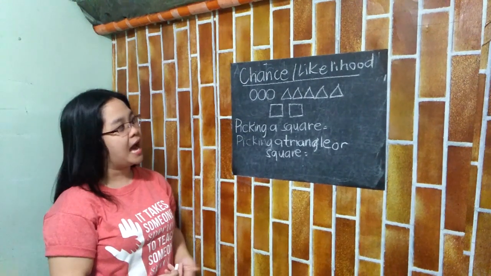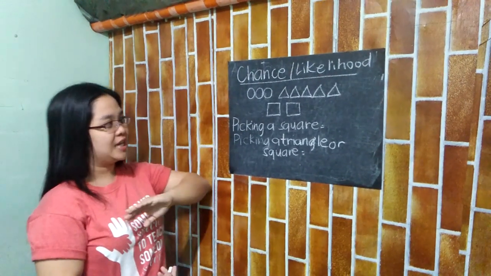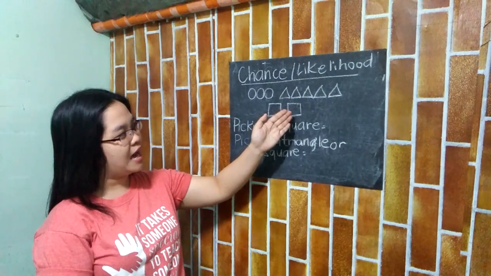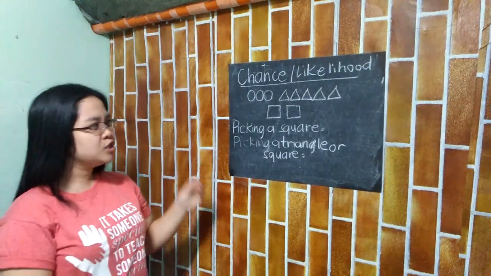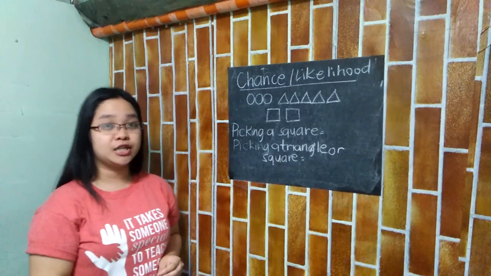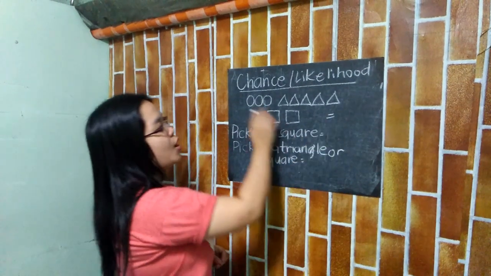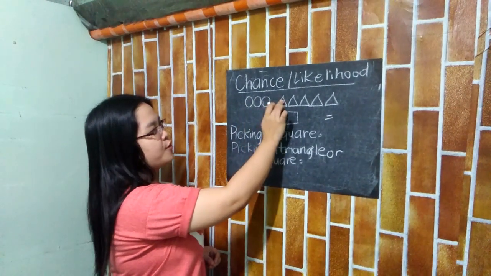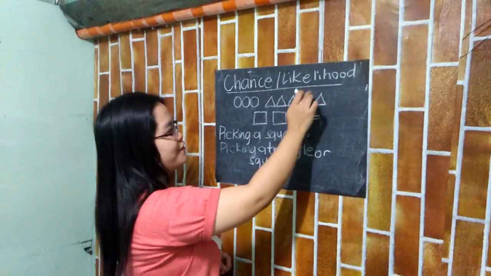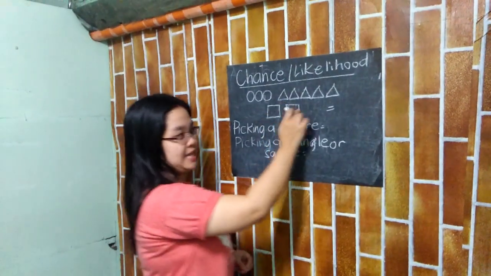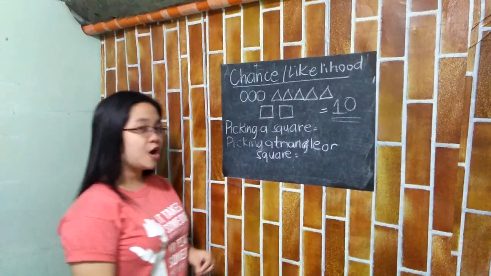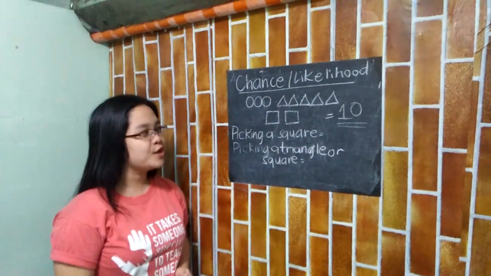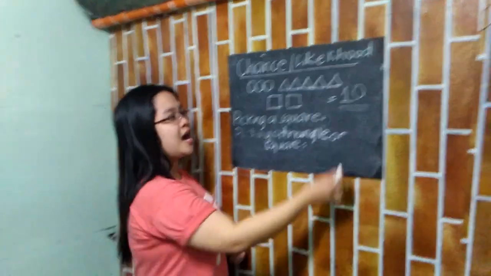As you can see, we have 3 circles. How many triangles do we have? 5 and 2 squares. Now, I want you to count how many shapes are there. So we have 1, 2, 3, 4, 5, 6, 7, 8, 9, and 10. So the total number of shapes on our illustration serve as your possible outcome.